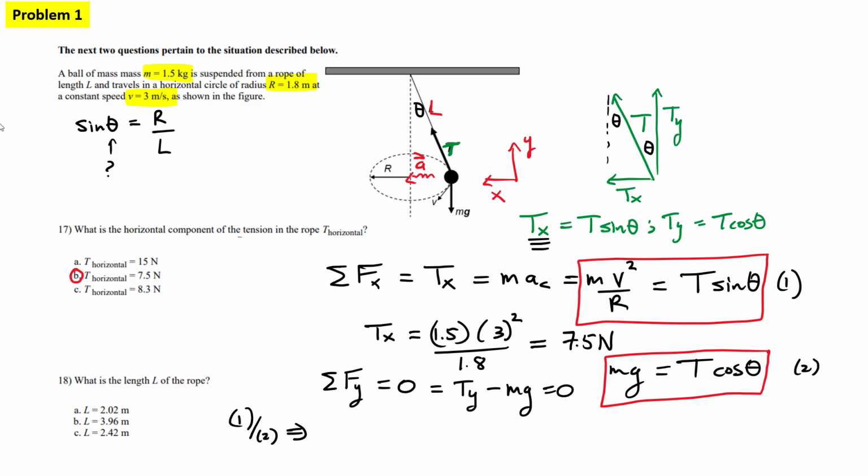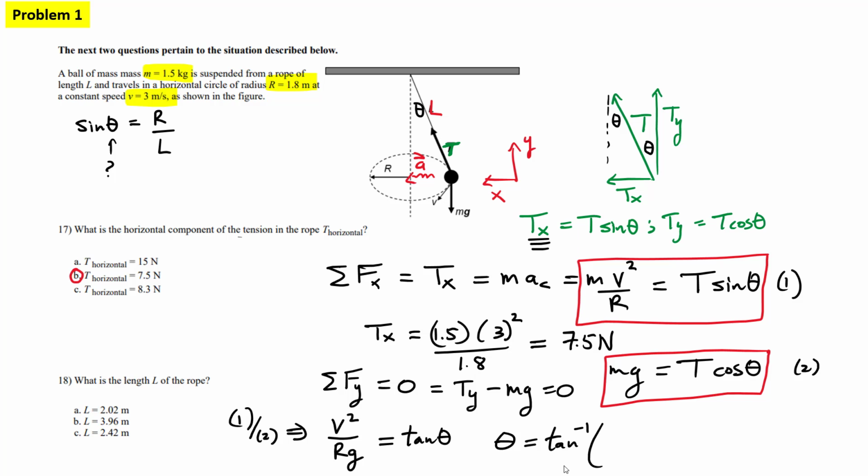You're also going to cancel out the masses on the left-hand side here. So we're going to be left with v squared over r divided by little g is equal to, again, sine divided by cos. Well, this here is tangent of the angle theta. This allows me to find that angle theta. So right away, you can find that the angle theta is the inverse tan.